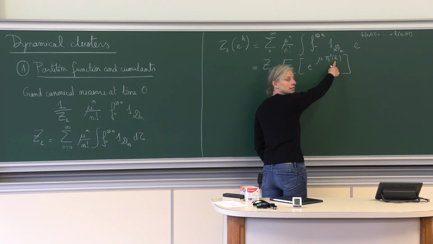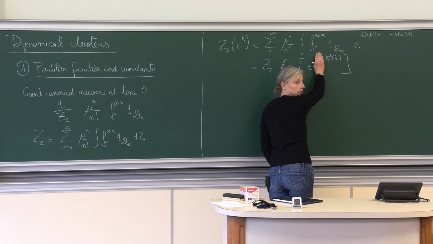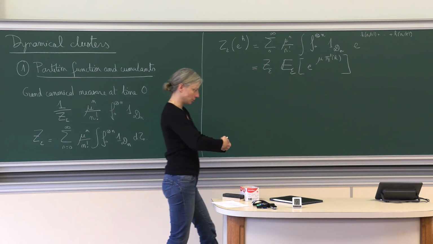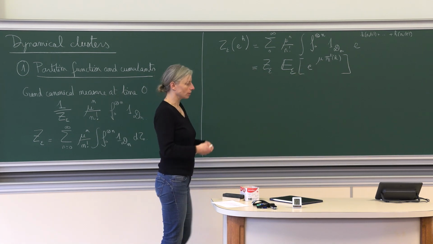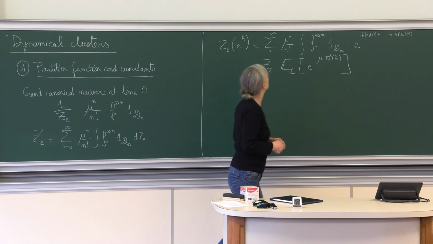Okay, and what I say is that in order to get the marginals that I defined yesterday, I should look at this series without the mu here. But here I try to look at this exponential moment.